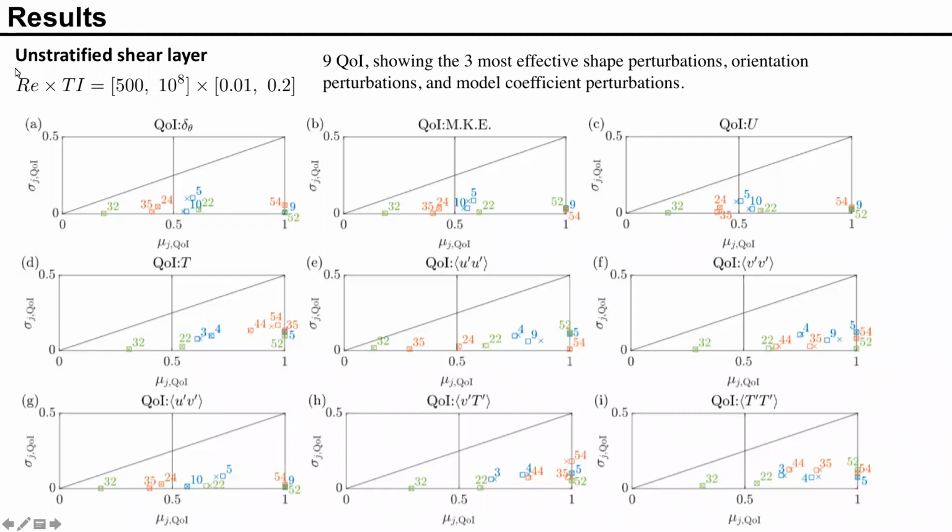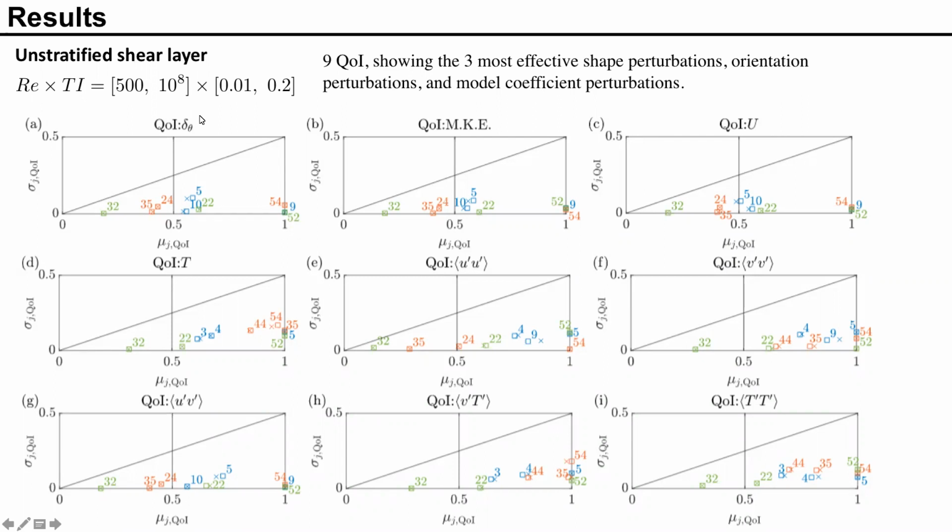All right, now we will start to show the results. Let us first consider a simple unstratified shear layer in this flow controlling parameter space, with Reynolds number ranging from 500 to 10 to the power of 8, and turbulence intensity from 1% to 20%. We will consider 9 quantities of interest.